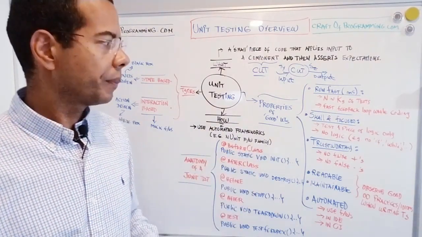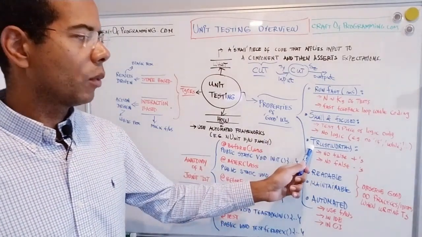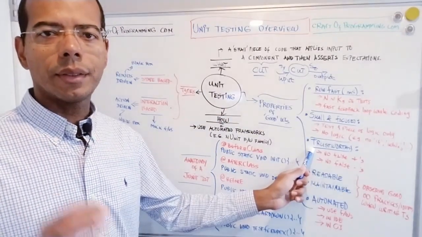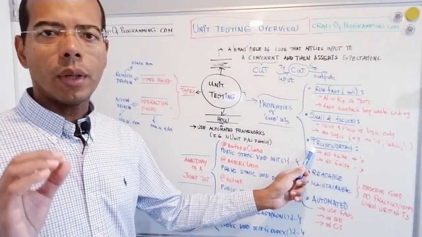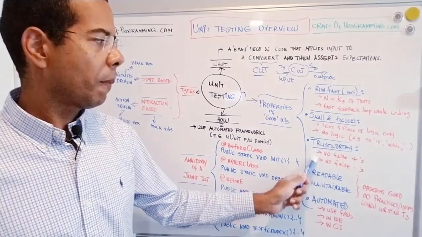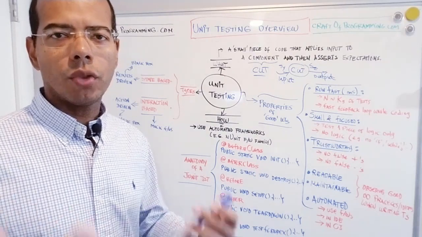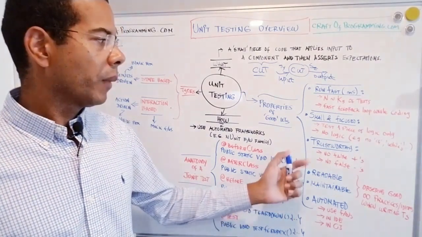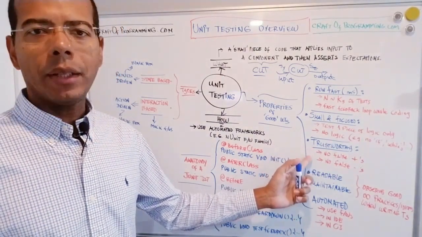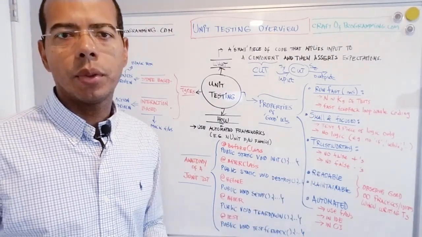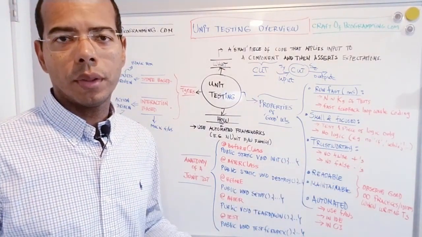Another good property of unit tests is being trustworthy. What I mean by trustworthy is that the developers in your team need to trust the tests. One metric for that is that tests should not produce false positives nor false negatives.